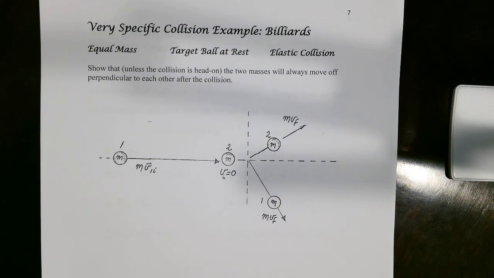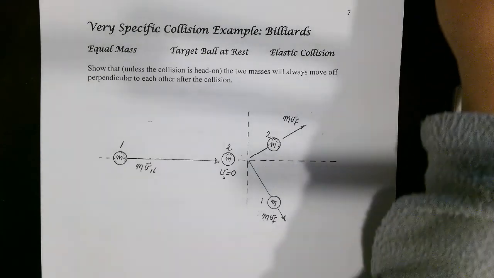Page 7, here we have a special case. When we play pool, billiards, the masses of each ball, the cue ball and the target balls, are all pretty much equal.